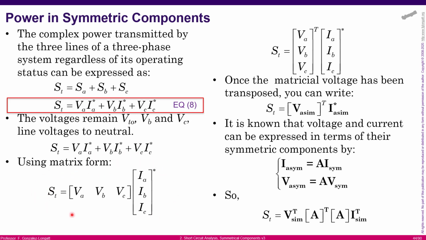We can use vectors: this is the asymmetrical voltage vector, and this is the asymmetrical vector for currents. Of course, there is a conjugate here that is coming from the definition, okay?